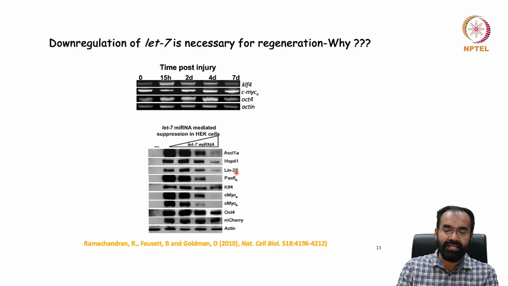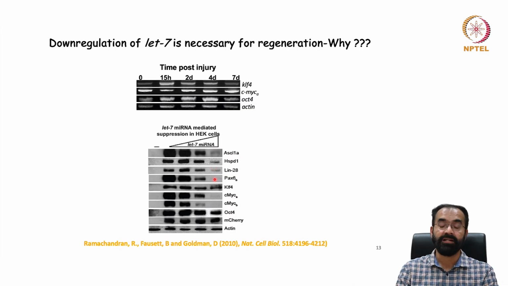So you can see that with an increased concentration of LET7, you see reduced protein expression. Those who are interested can read this article. This is how absence of LET7 allows translation, and presence of LET7 prevents the translation of these genes. We'll study regeneration biology in more detail in the next class. Thank you.